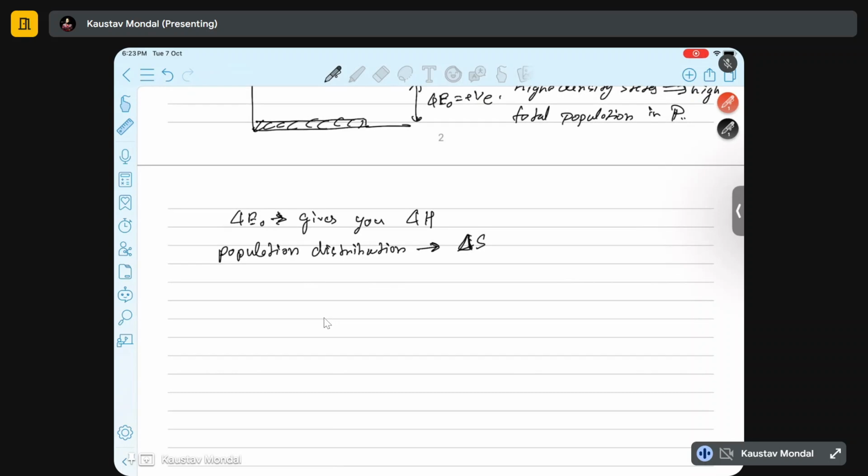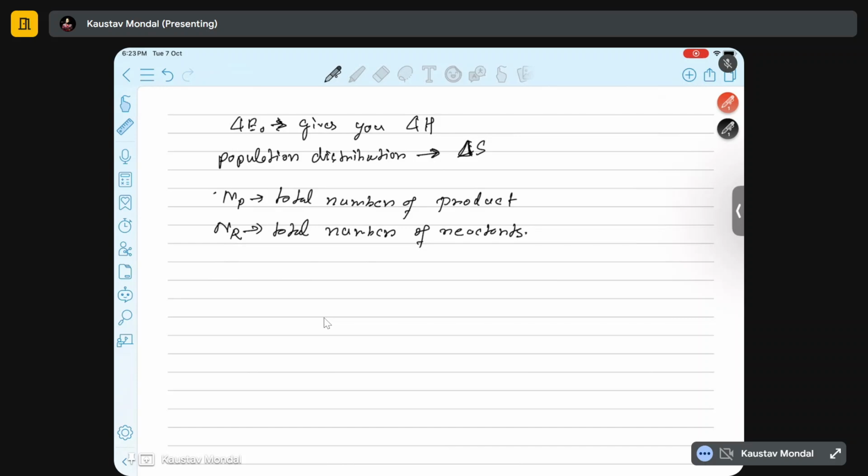Now let's suppose we somehow calculate the change in the ratio. Let's suppose NP is the total number of products and NR is the total number of reactants. So NP by NR, you can calculate the ratio in terms of the partition function.